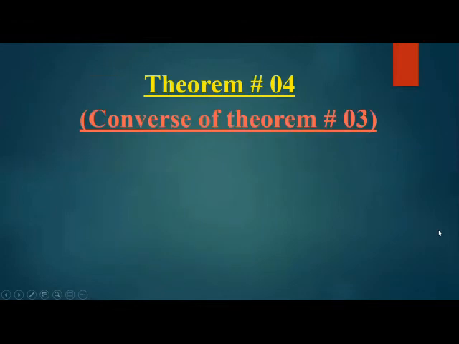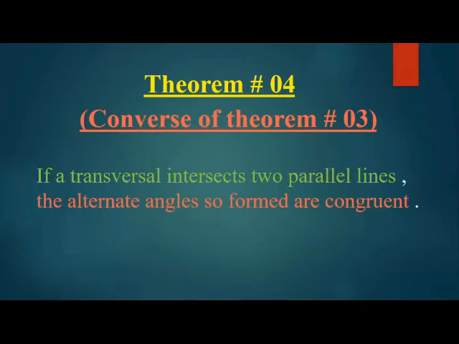Now coming towards theorem number 4, which is the converse of theorem number 3. Theorem number 3 says that if a transversal intersects two parallel lines, the alternate angles so formed are congruent. What does it mean?